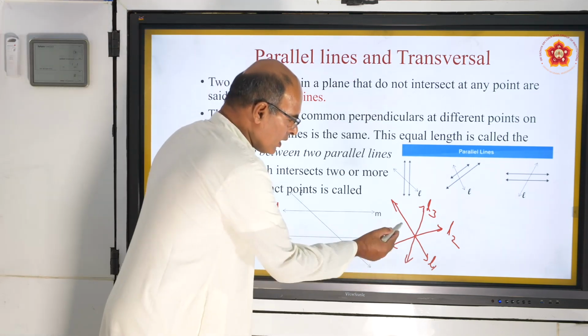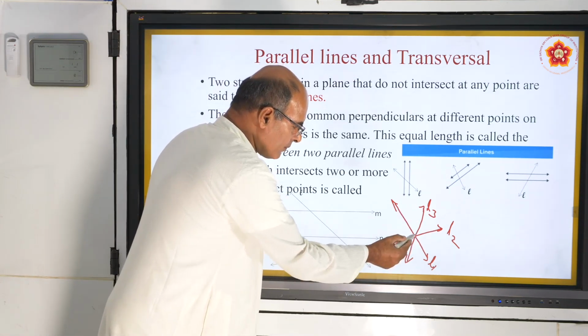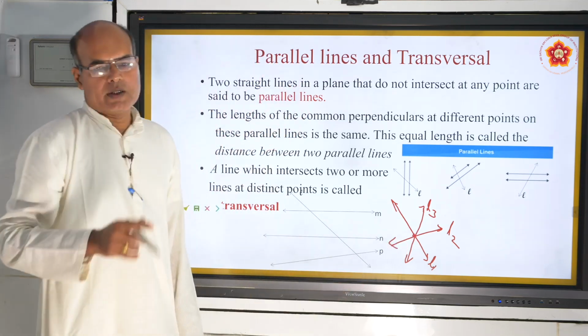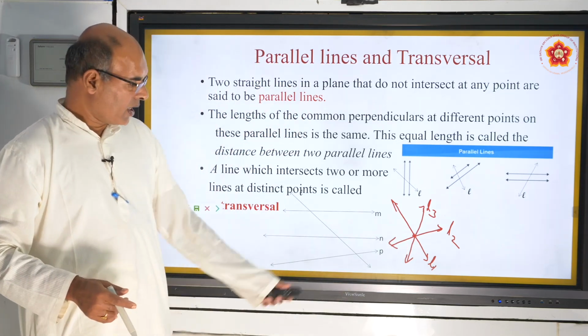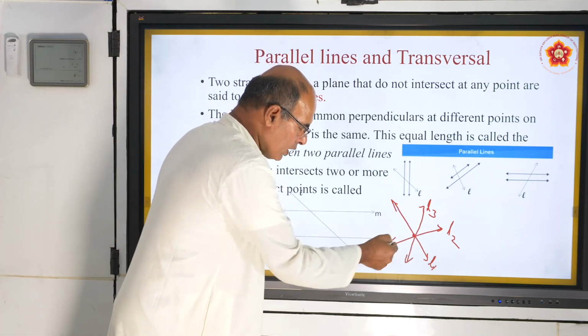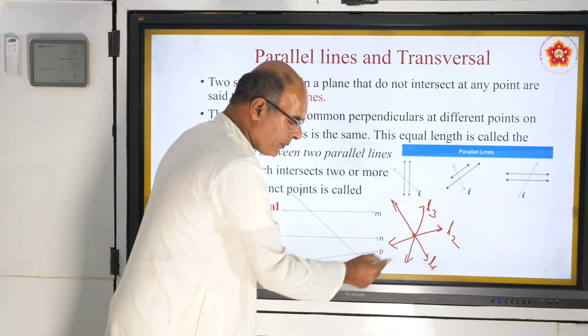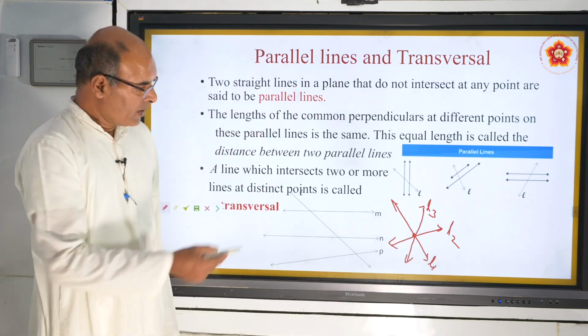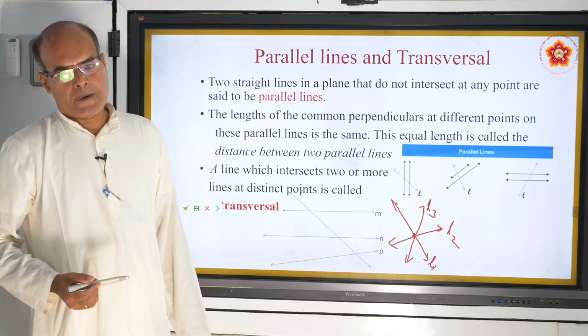Here, L1 cuts L2 and L3 at a single point, the same point. Similarly, L2 cuts L1 and L3 at the same point. Therefore, none of them are transversals.